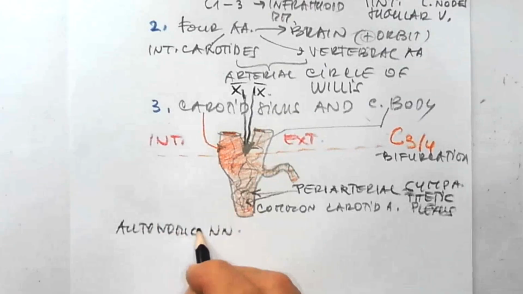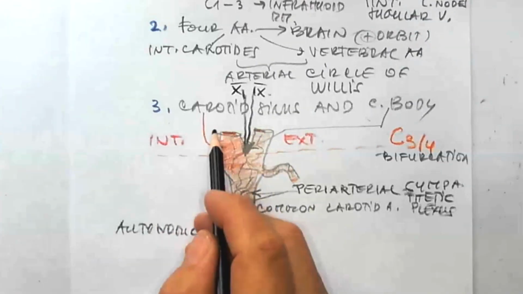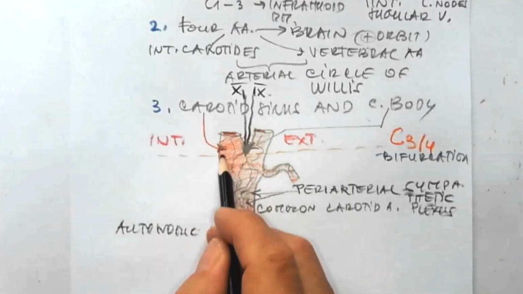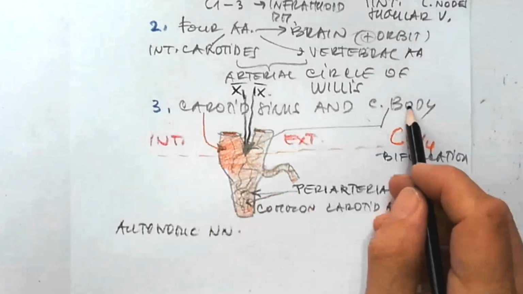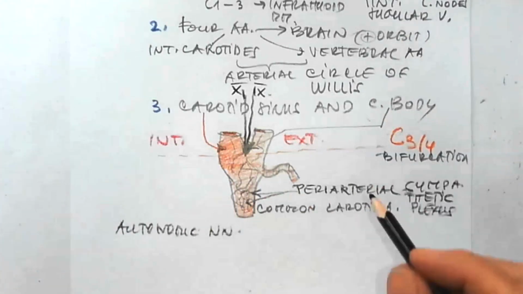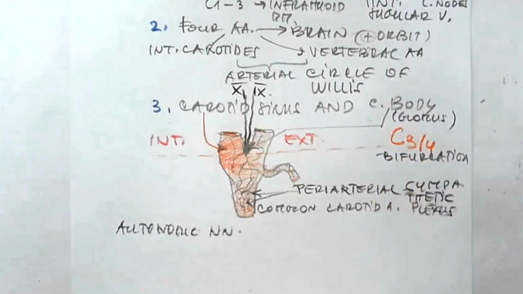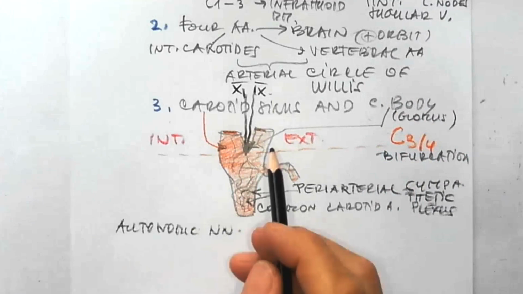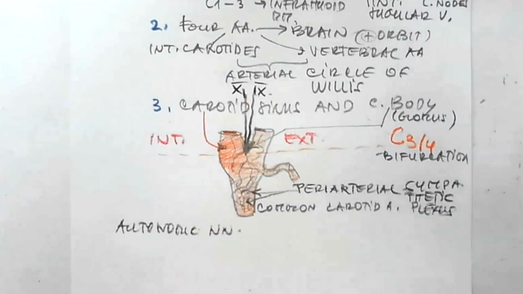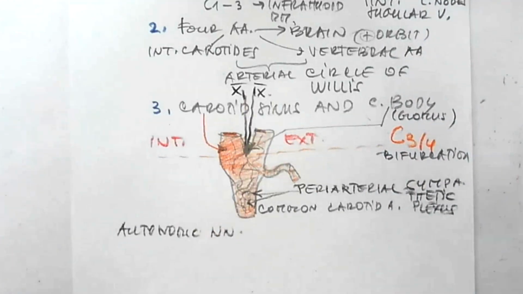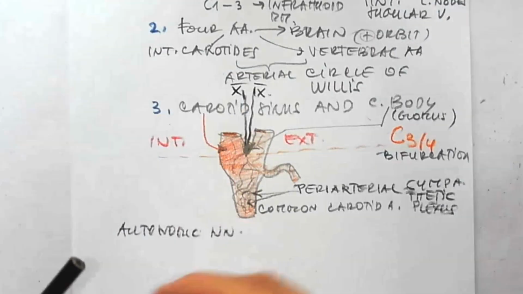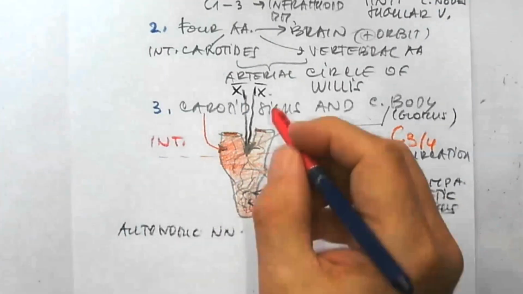So repeating, these autonomic nerves innervate these two structures: the carotid sinus, this is that wall, and the carotid body, glomus, because glomus caroticum, glomus also is used. These nerves come from vagus and glossopharyngeus, which could be colored, why not, dark red.